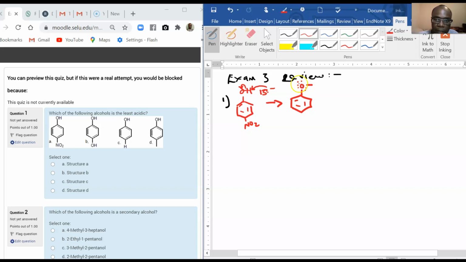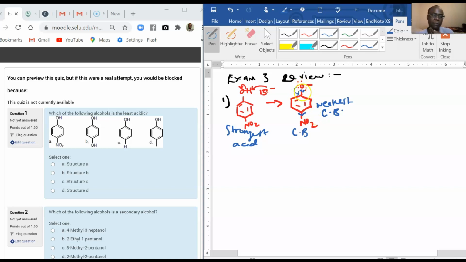The oxygen has much electron density there, but lucky enough, we have an electron drawing group which can pull out the electrons from the oxygen by inductive effect. That stabilizes the conjugate base, so that's going to be the weakest conjugate base, which means this one is the strongest acid out of the set, because the conjugate base is stabilized both by inductive effect and resonance.